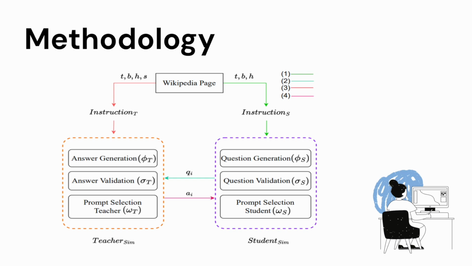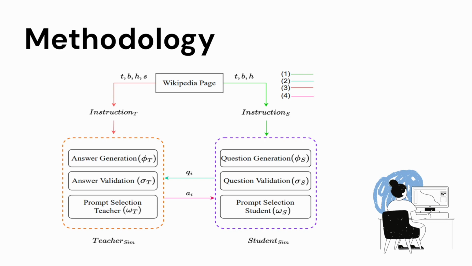The student LLM starts by generating a question using given instructions and limited information, such as the topic, background knowledge, or section header. This question is then validated and refined if necessary. Once validated, the question is sent to the teacher LLM, which has access to the full article text.